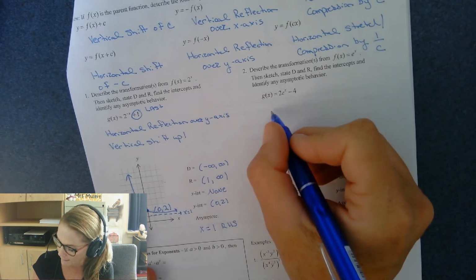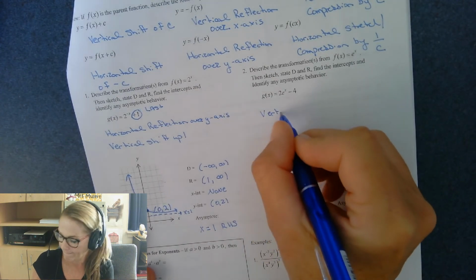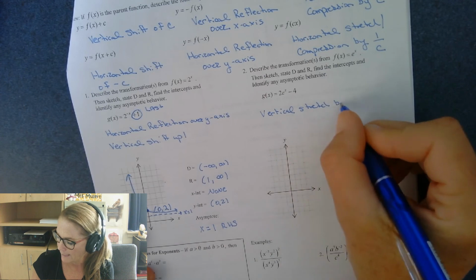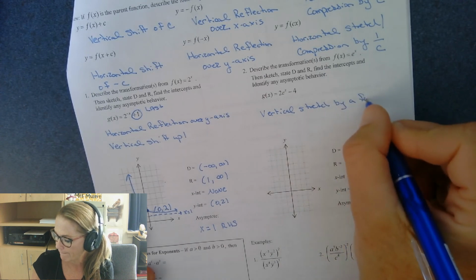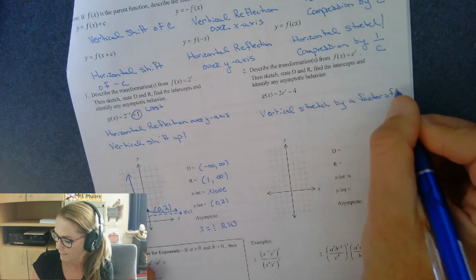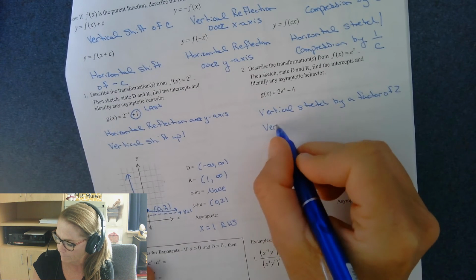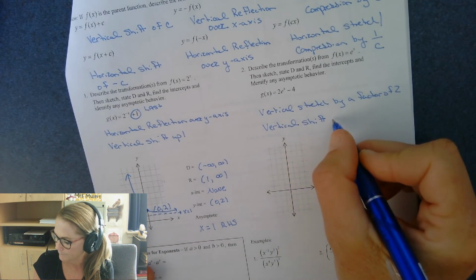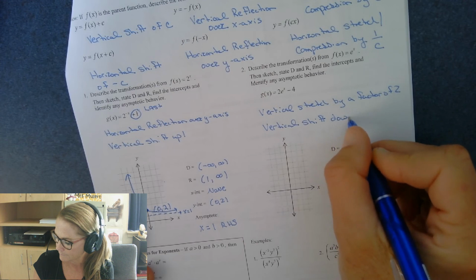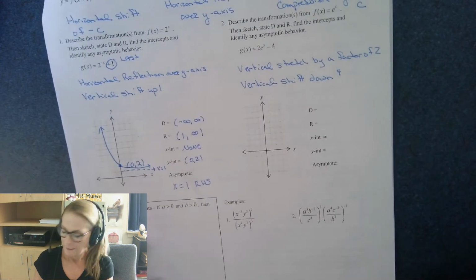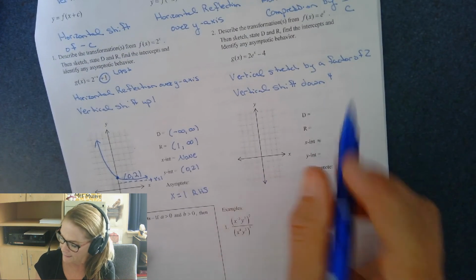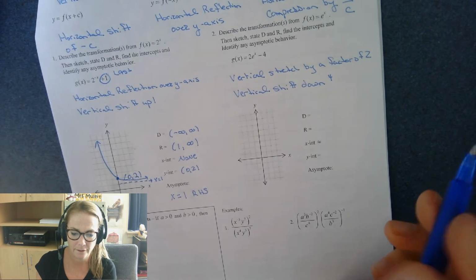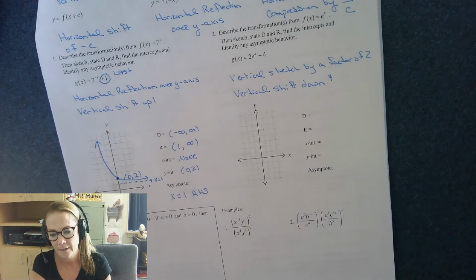This is a vertical stretch by a factor of 2, and this is a vertical shift down. We're stretching it, so there's not a whole lot for us to look at there.